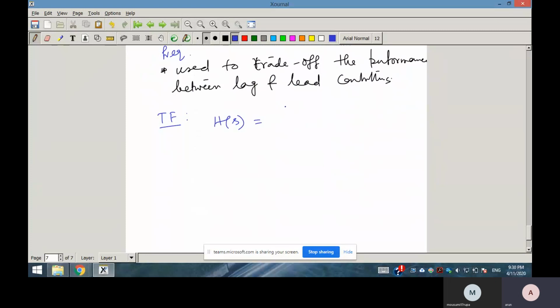So suppose I write the lead part first: (1 + s/a) divided by (1 + s/(alpha a)). And the lag part is (1 + s/b) divided by (1 + s/(beta b)). Now these parameters should satisfy some conditions.